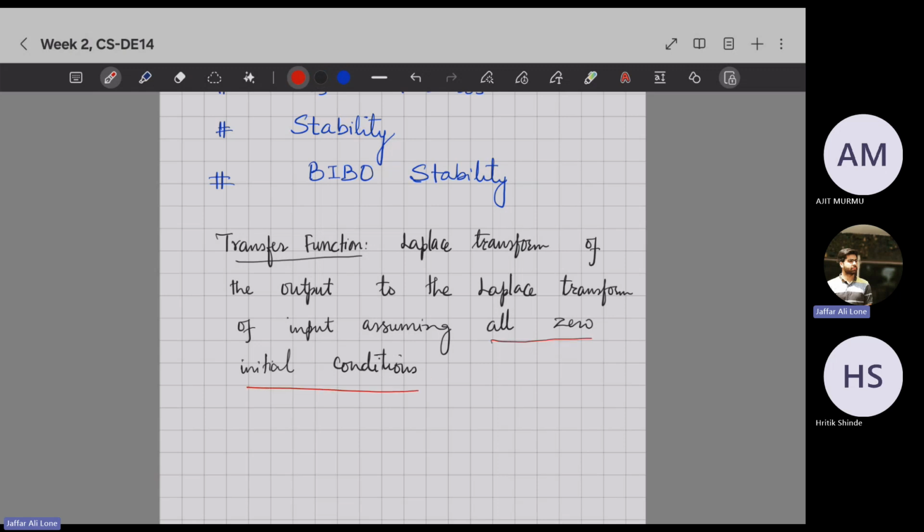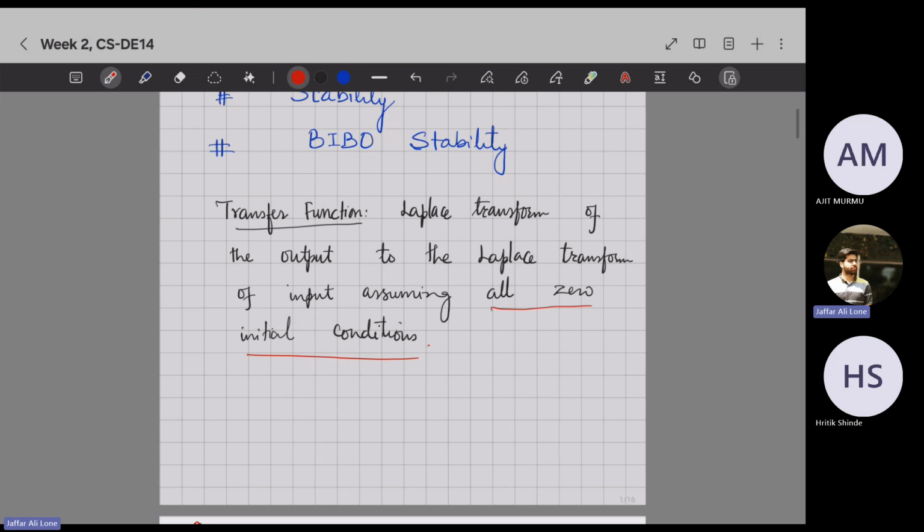Whenever you define transfer function, normally students say it's a Laplace transform of output to the input, but they ignore this thing, and it's very, very important to say this. We'll see in a while in some problems. You might have studied this in detail; this is just for recap purposes, and we'll be doing questions to get you on track.